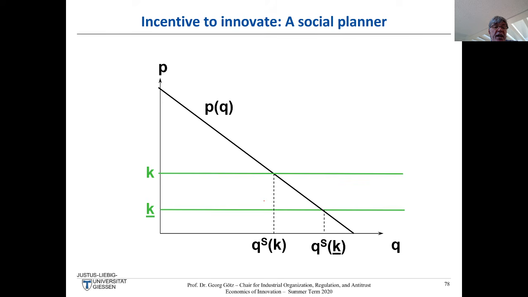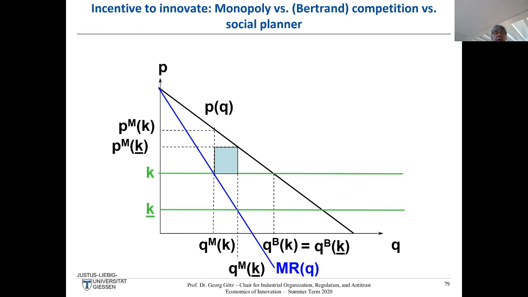So what you see immediately if you compare, I just put all our diagrams in this diagram, is that the monopolist and the Bertrand competitor undervalue innovation compared to the social optimum.